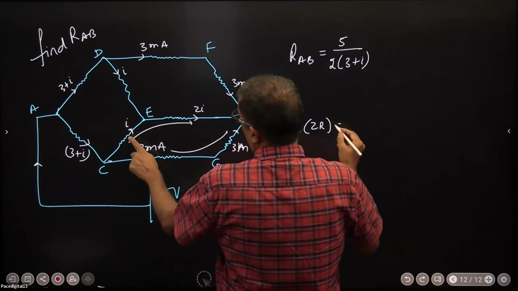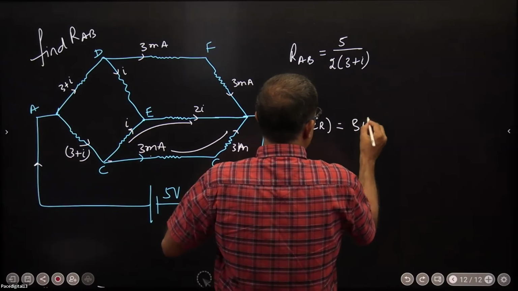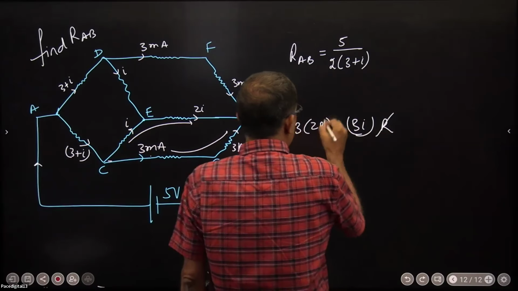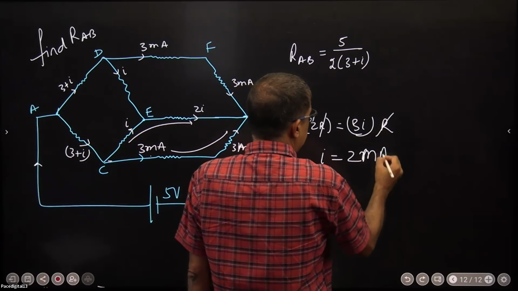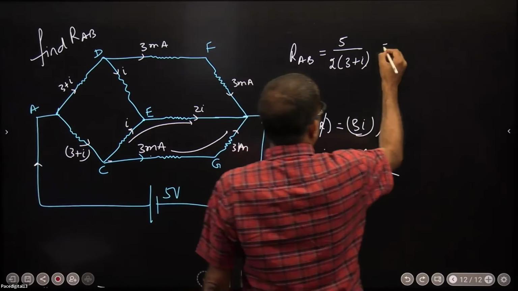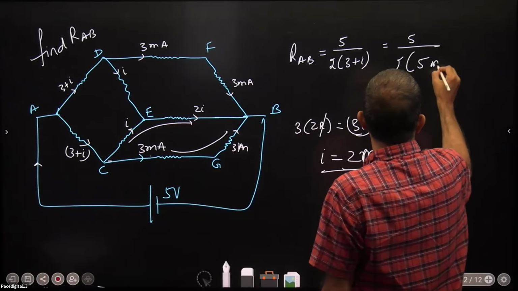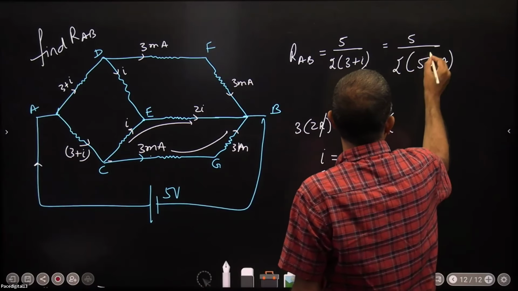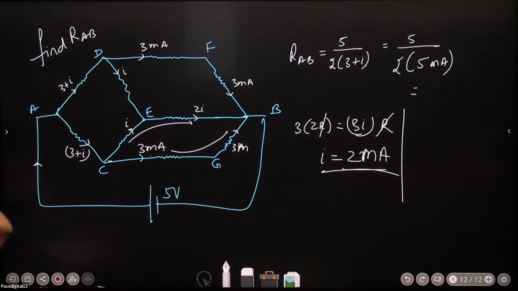This will be I into R. All resistances are identical. 3I into R. R and R will go. I will be equal to 2 milliamperes. Substitute here: 5 divided by 5 milliamperes. Remaining simplification, I leave it to your fine judgment.